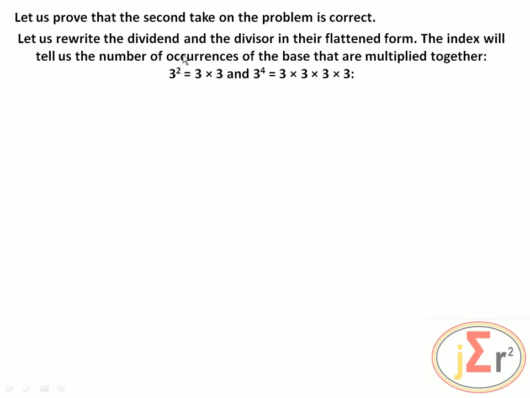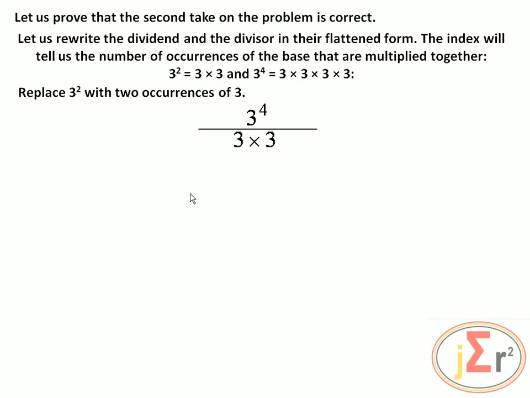We multiply 2 occurrences of 3, 3 times 3. And for 3 to the power of 4, we multiply 4 occurrences of 3. Replace 3 squared with 2 occurrences of 3. Replace 3 to the power of 4 with 4 occurrences of 3.